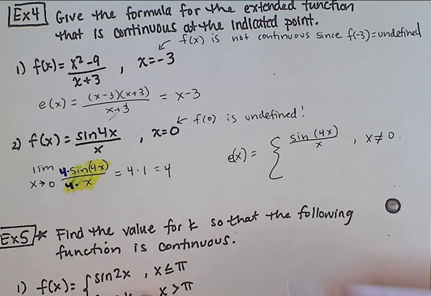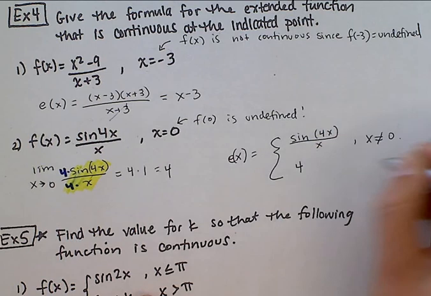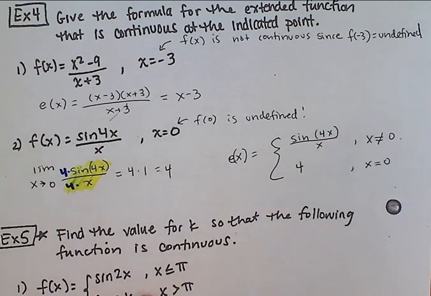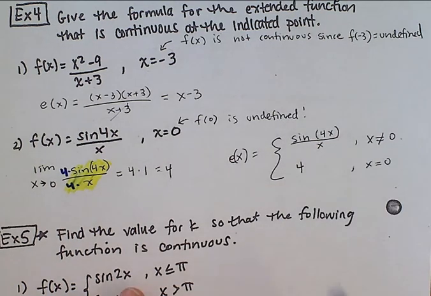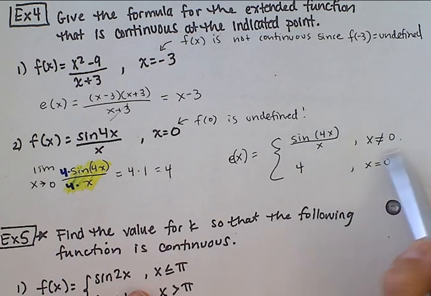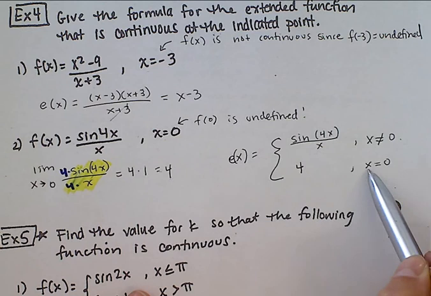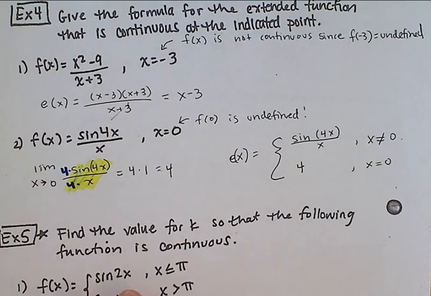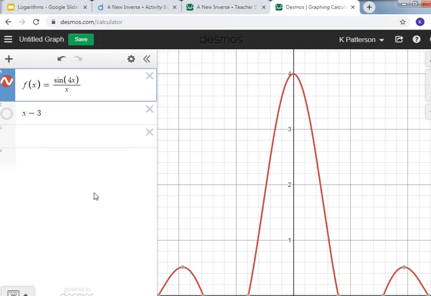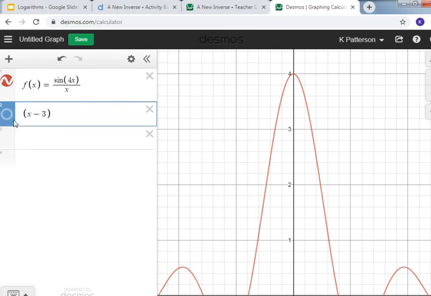And then we just want the function to be 4 when x does equal 0. So what this is doing, it's keeping our original function, but then adding this point when x is 0, the function is 4. So what that will look like on Desmos is basically I'm adding the point 0, 4. And see, the hole is filled.